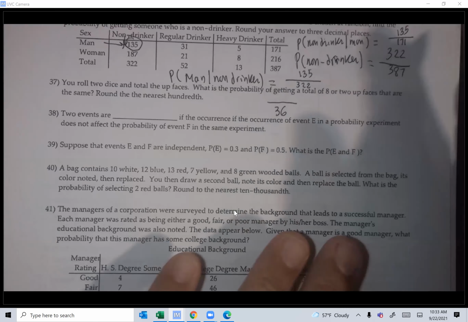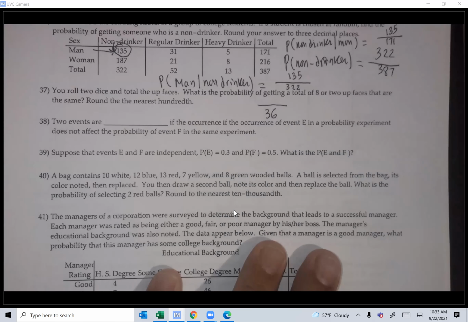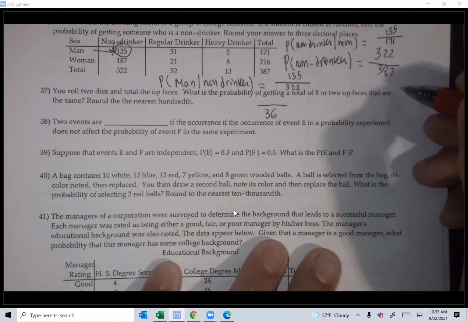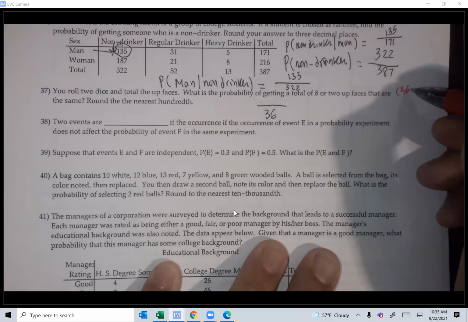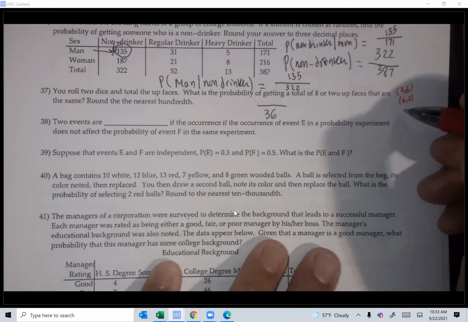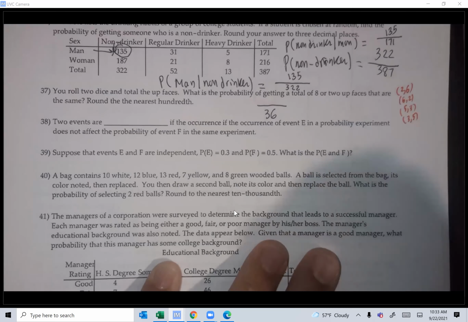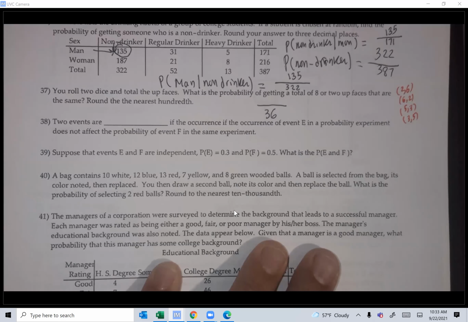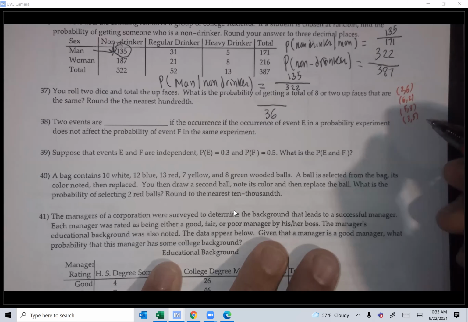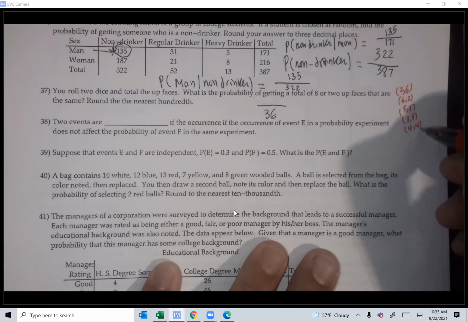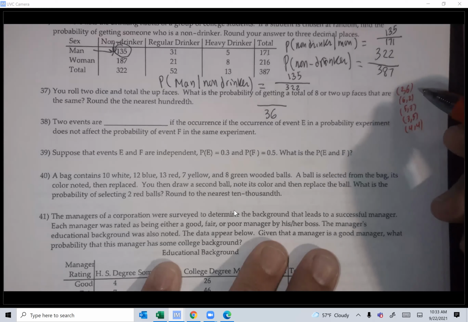Total of 8. What could we get to get a total of 8? 2 and 6, 6 and 2, 5 and 3, 3 and 5. Anything else, guys, that will give us 8? Don't say 1 and 7. There is no 7 on the face of the die. Only 6. 4 and 4. Okay, 2 up faces that are the same. Now he says you would win if you get up faces that are the same.